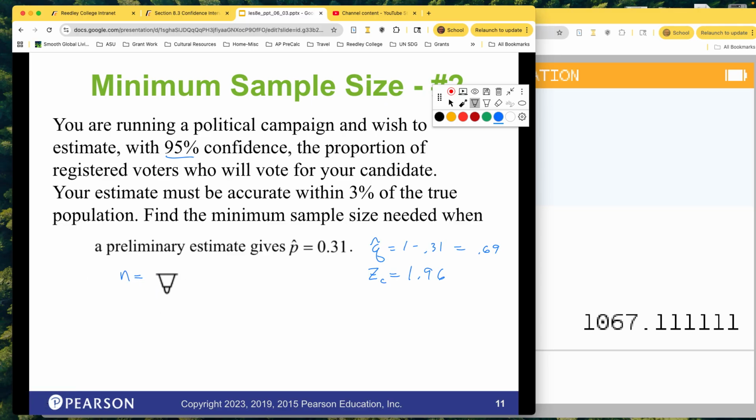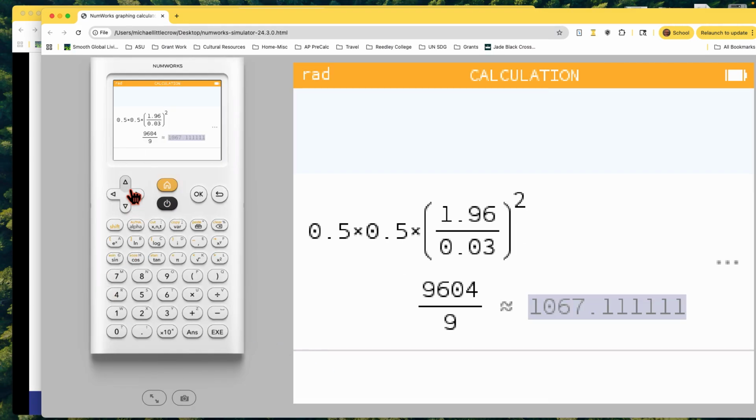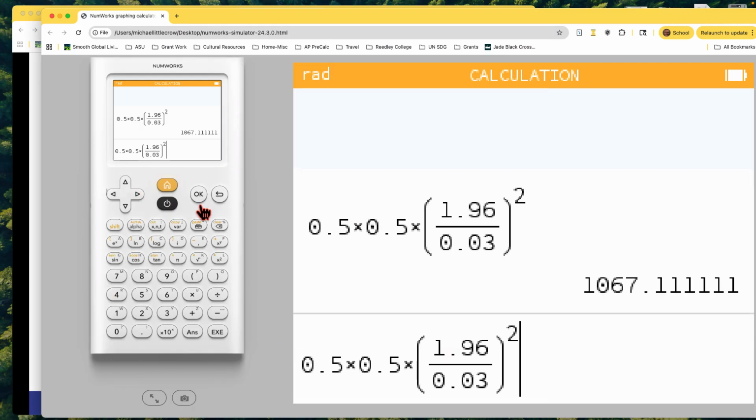So hopefully I can remember the formula. n is going to be equal to p hat, which is 0.31, times q hat, which is 0.69, times 1.96. We still want the 3%, so we do 0.03 squared. And now when we put all of that in, again, we could just come back up here and just enter it, and then change these percentages.